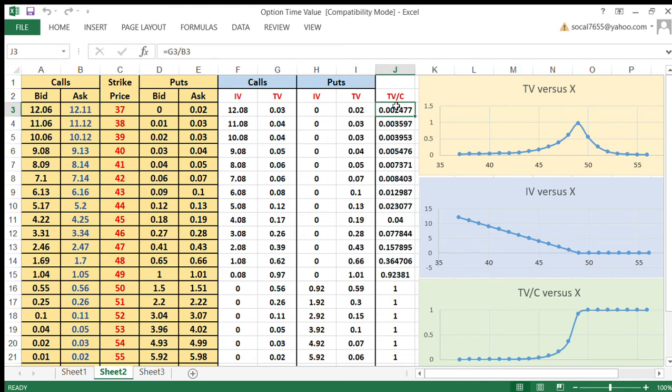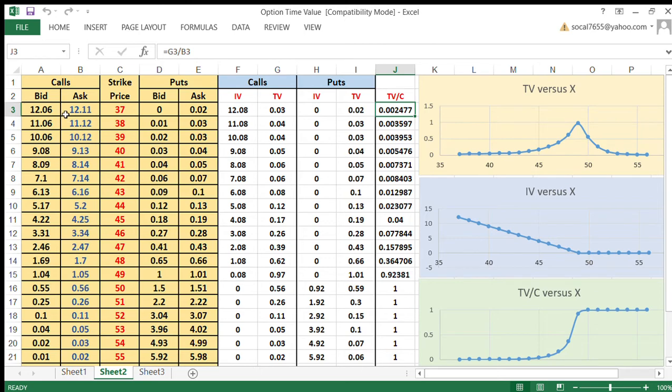So this ratio, time value divided by call price, gives us the proportion of the value of the call option that is time value. And let's see how it behaves.